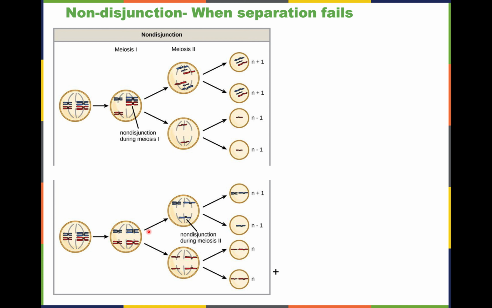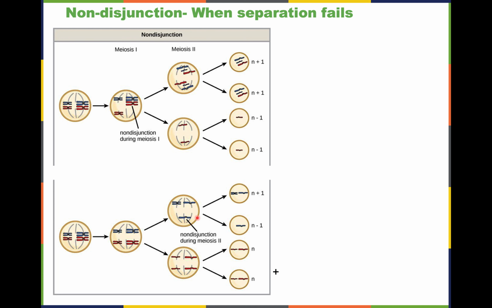Non-disjunction can also happen during the second meiotic division. So the homologous chromosomes separate properly, but during meiosis 2, sister chromatids don't separate. So in this case, the blue large chromosome, the sister chromatids separate, but for the little chromosome in our example, the sister chromatids don't separate.